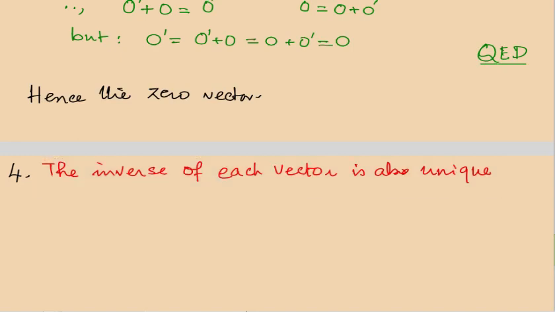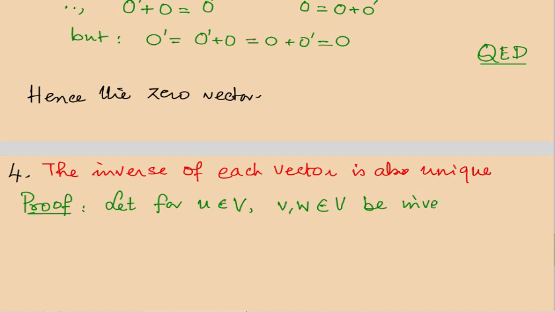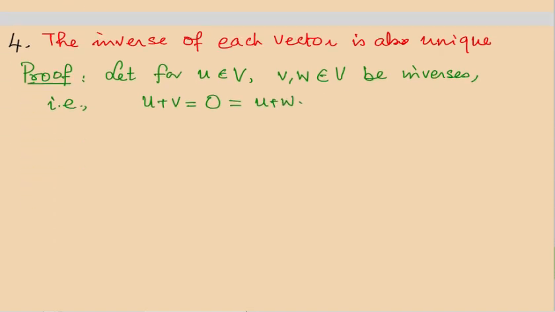Let's have a quick proof. Let, for u in V, v and w be inverses. That is, u plus v is the zero vector, and this is the same as u plus w.